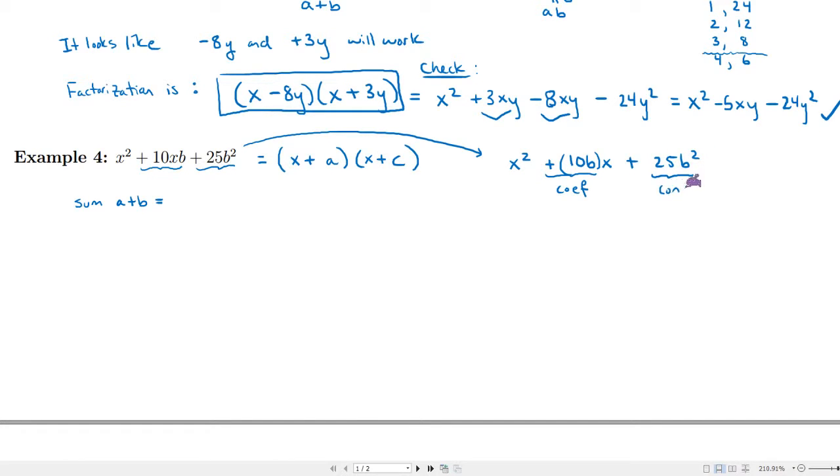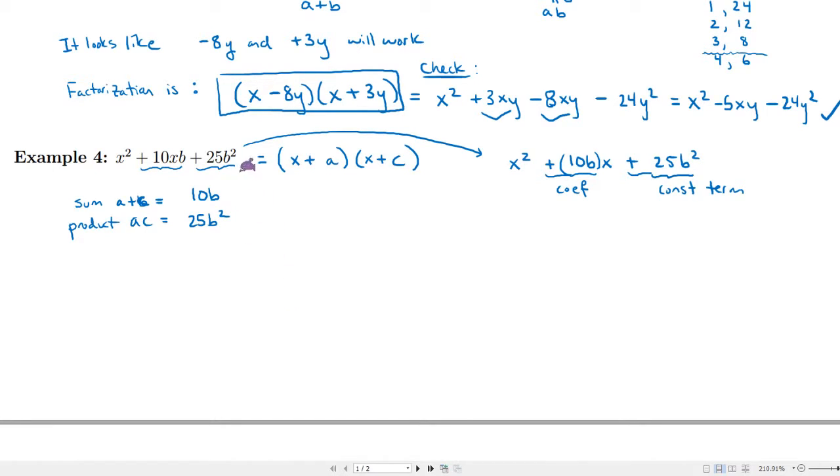It's important to keep track of that sign because that's going to be important. So we want the sum a plus c to be equal to that coefficient 10b, and the product ac to be equal to 25b squared.